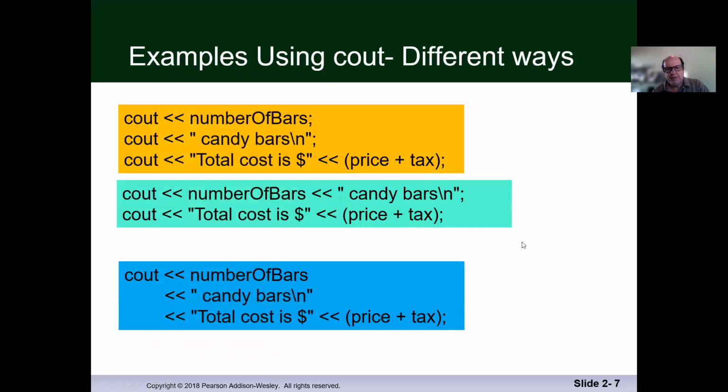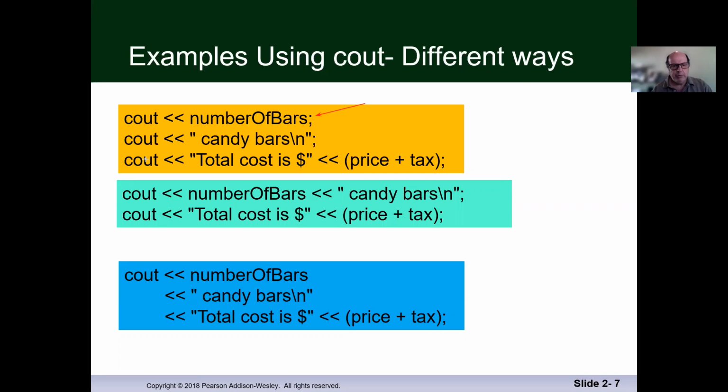So, different formats of doing the same cout. I can put a cout at each line, starting a cout. And if I do that, I have to end it with a semicolon. So if I decide to put multiple couts in multiple lines, then I need a semicolon for each one of them.